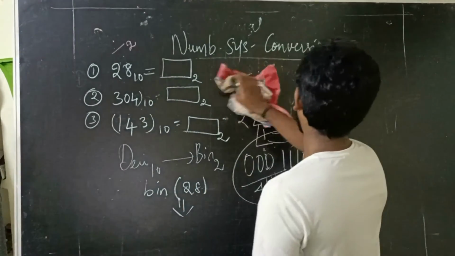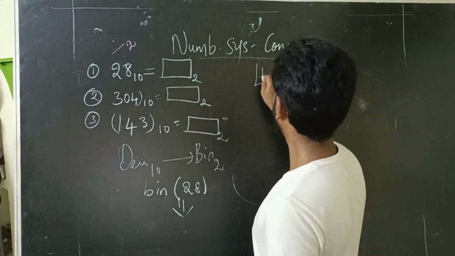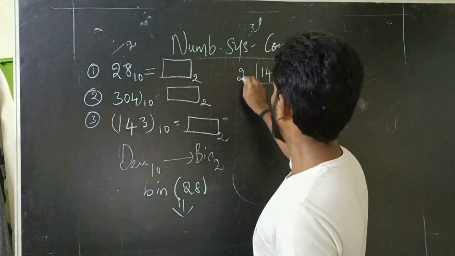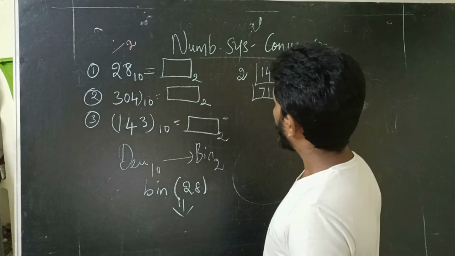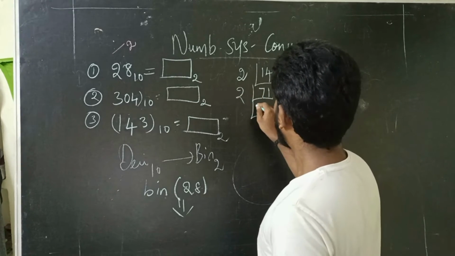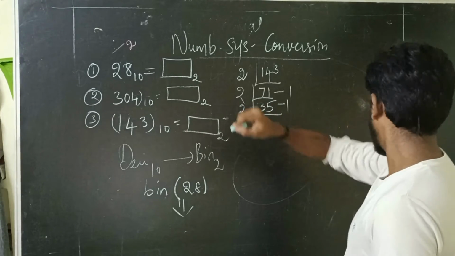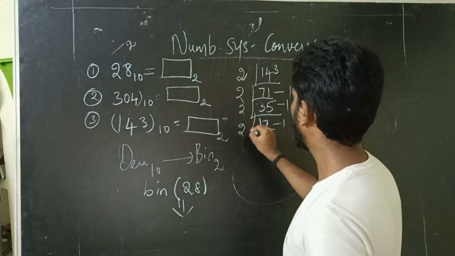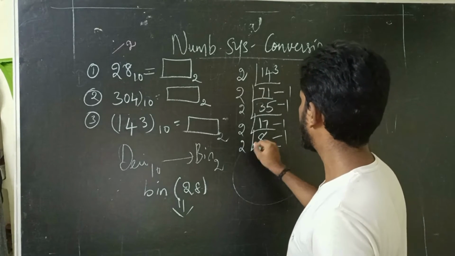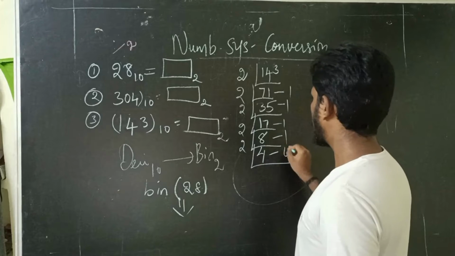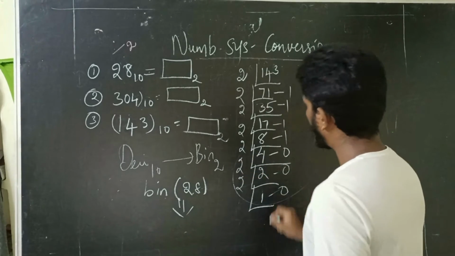Let me take 143. 2 7s are 14, 2 1s are 2, I have 1 as a remainder. 2 35s are 70, 1 as a remainder. 2 17s are 34, 1 as a remainder. 2 8s are 16, 1 as a remainder. 2 4s are 8, no remainder. 2 2s are 4, no remainder. 2 1s are 2, no remainder.